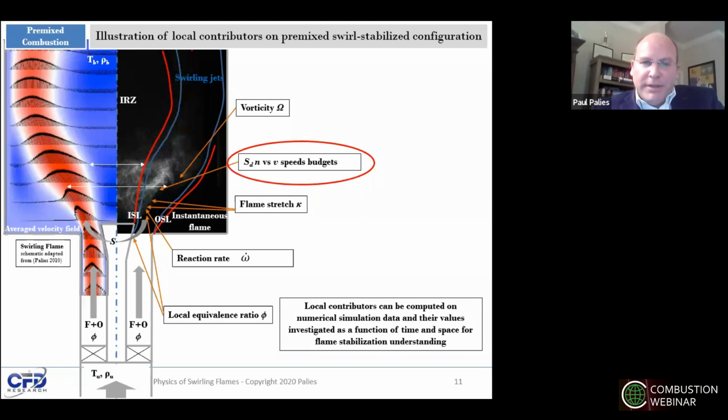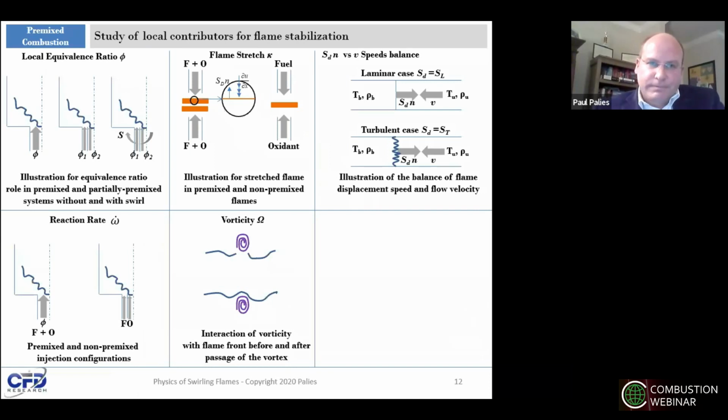So all these parameters, along with the flame speed versus flow speed budget, drive the stabilization. And they can be computed in numerical simulation, and their values investigated as a function of time and space of the simulation for flame stabilization understanding. And in the next slide, I will show some results in that direction. And I will emphasize the flame speed versus flow speed budget as a driver of flame stabilization.